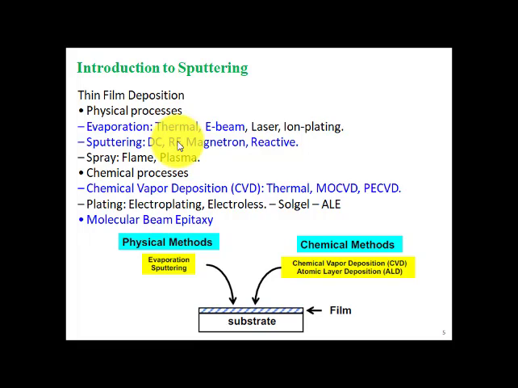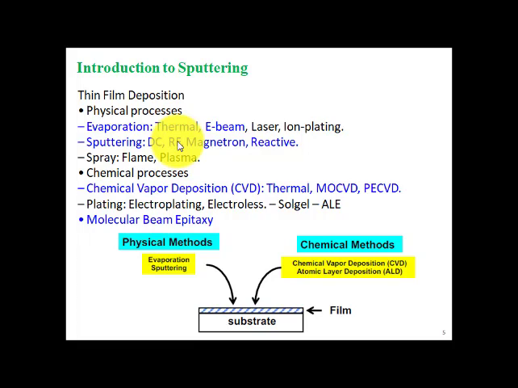For example, in artificial jewelry, we know that the core of the jewelry is some cheap metal, and we deposit a thin film of some expensive metal like gold or silver on the surface of the cheap metal, and we get jewelry which looks like original, just like made of gold or silver. So this is why thin film deposition is very important these days.